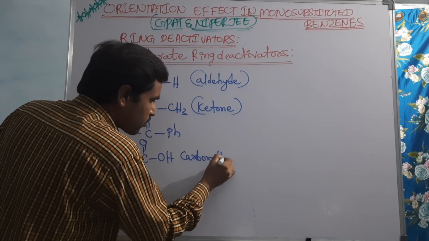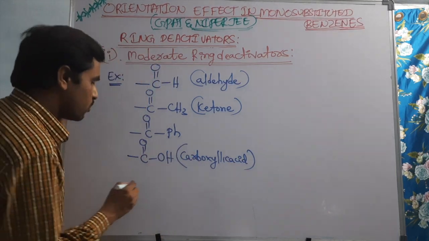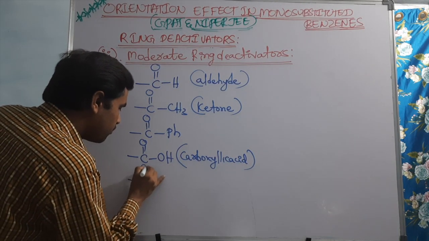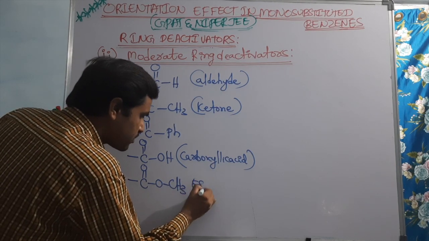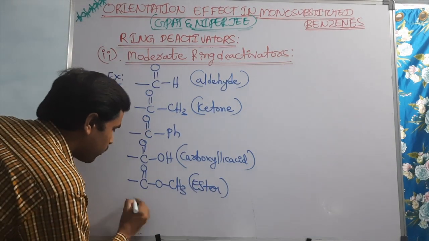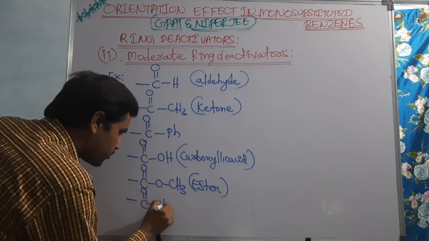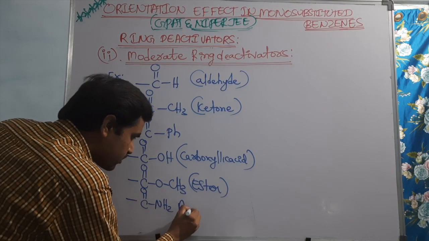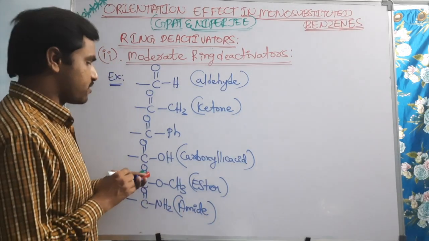Next, C double bond O OCH3, which is called an ester. Then C double bond O NH2, that is an amide.